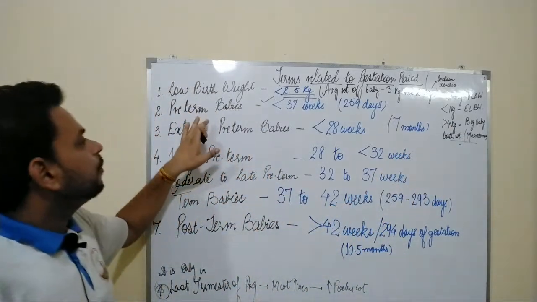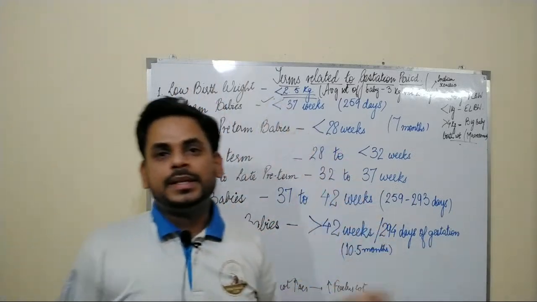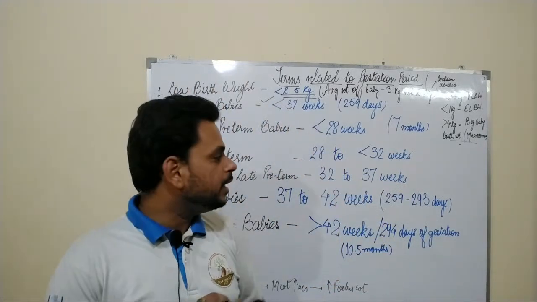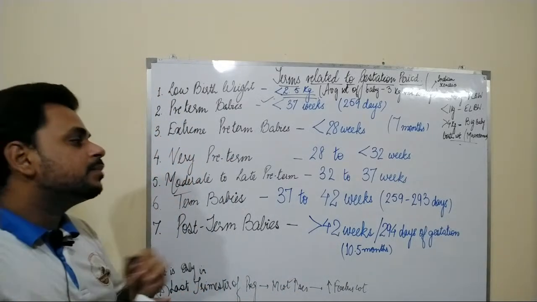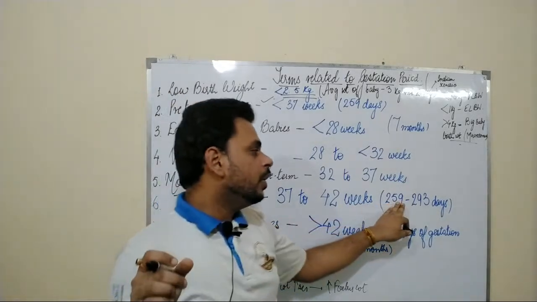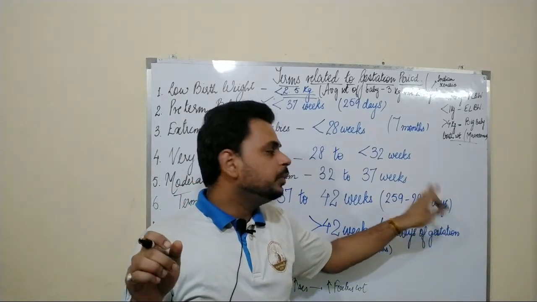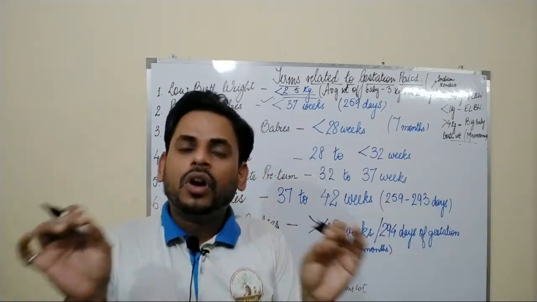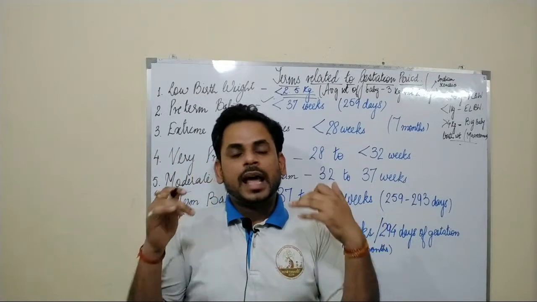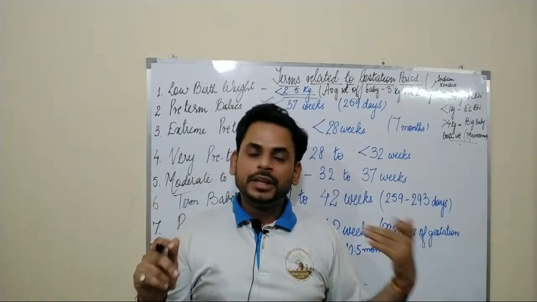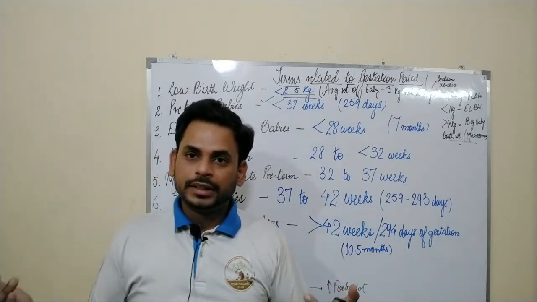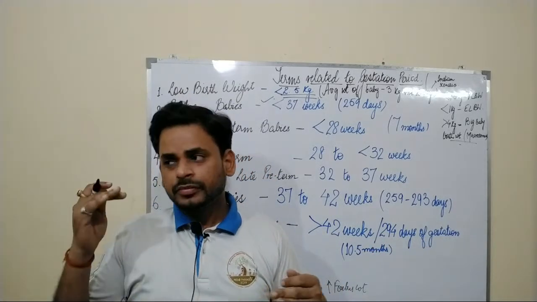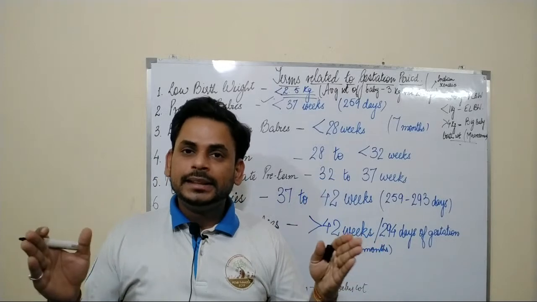Now, moving on to the term of the baby. The normal gestational period in humans mostly ranges between 259 to 293 days. This is from the beginning of the intrauterine life, till the time the labor pain occurs and the pregnancy is completed.